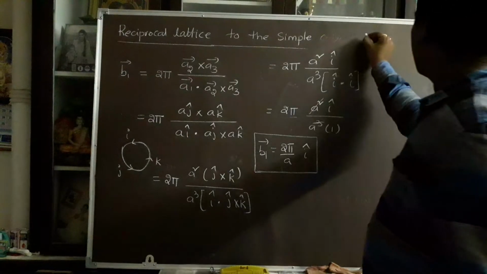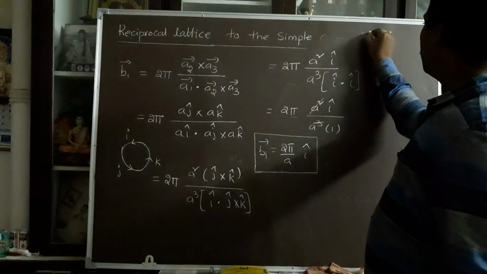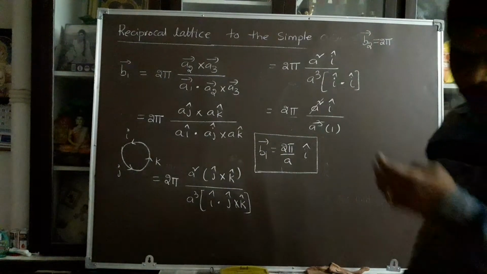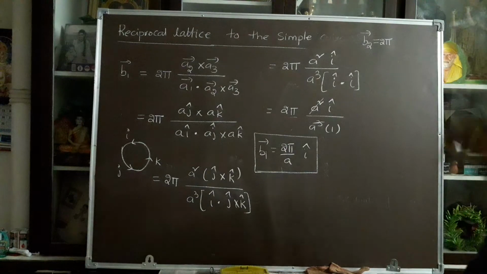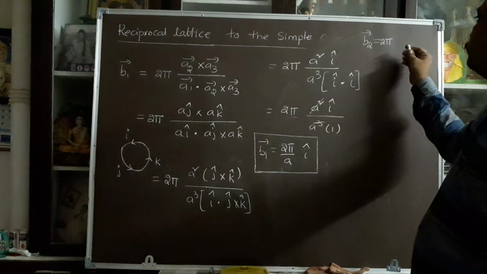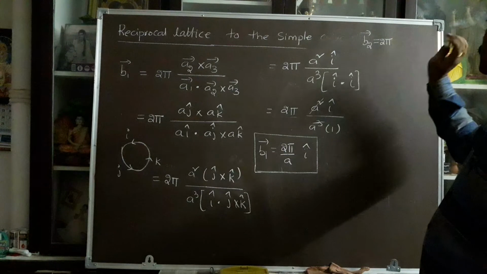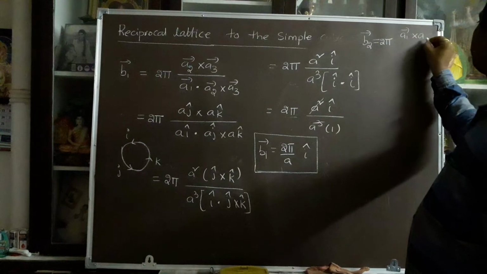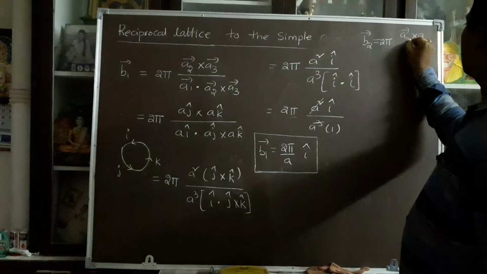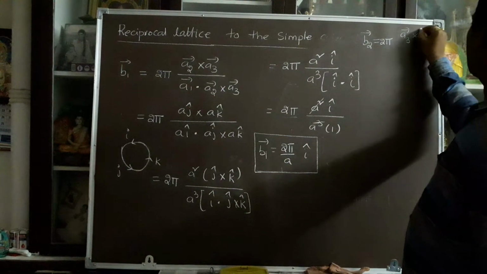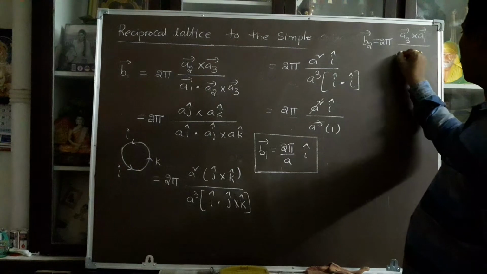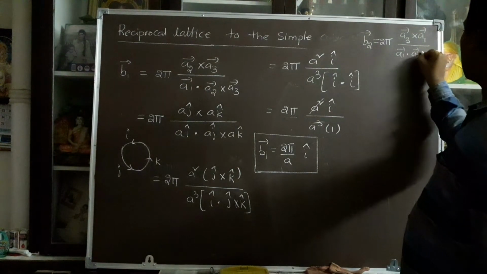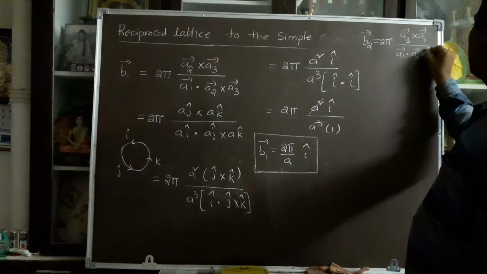What is b2 bar? The b2 bar formula is 2 pi into a3 bar cross a1 bar divided by a1 bar dot a2 bar cross a3 bar.